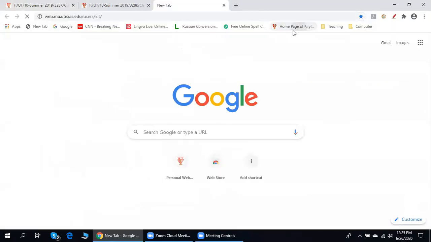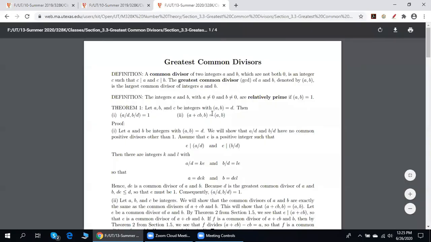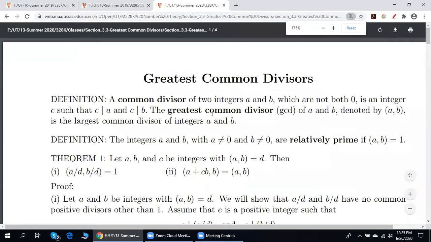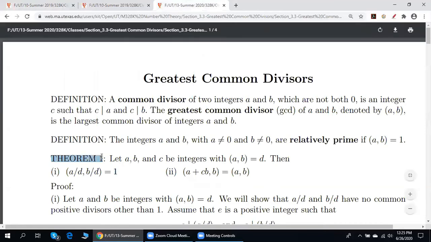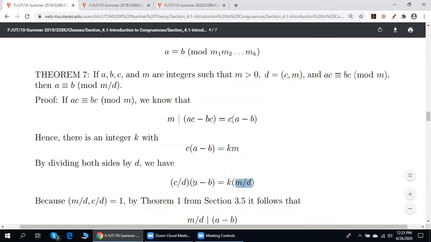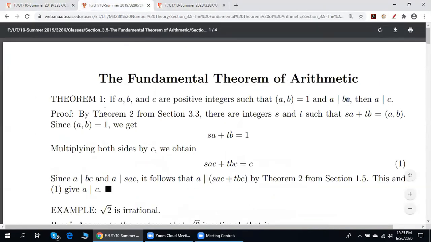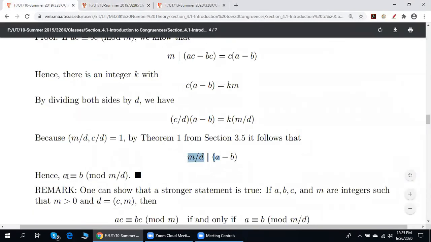Let us go back to the greatest common divisor. Over here, note that these two numbers are relatively prime. So these two numbers are relatively prime by Theorem 1 from section 3.3. Therefore, this divides this by Theorem 1 from section 3.5. And the result follows. Folks, any questions here?